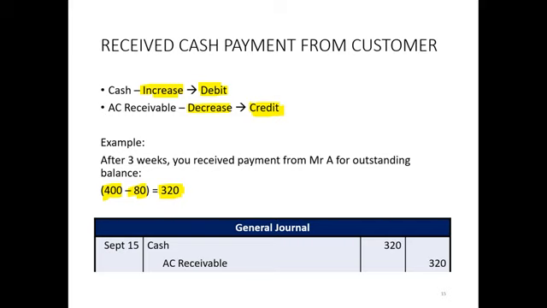So how are you going to do this? Very simple. The journal entry will be cash, in this case no discount. Cash, debit 320, account receivable, credit 320.